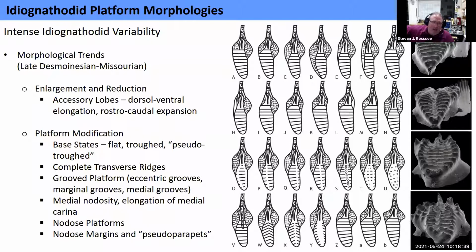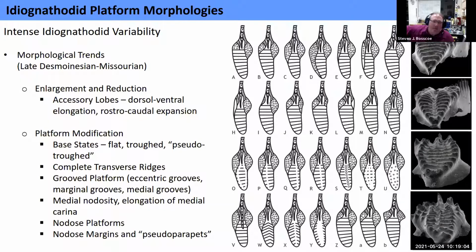You can see in the top two photomicrographs the difference between a flat Idionothodid element versus a troughed Idionothodid element in the second picture from the top. That is the more traditional difference between Idionothodis on top and Streptonothodis in the second photo.